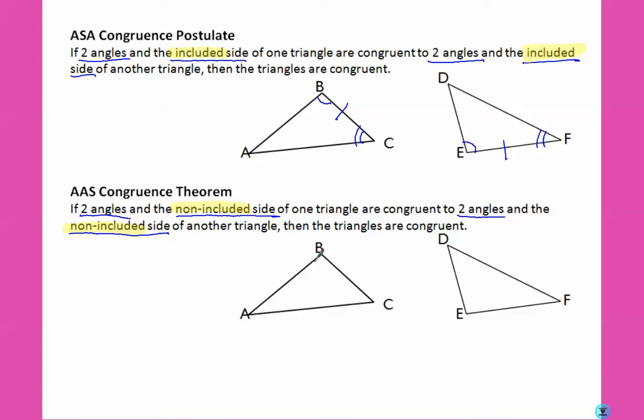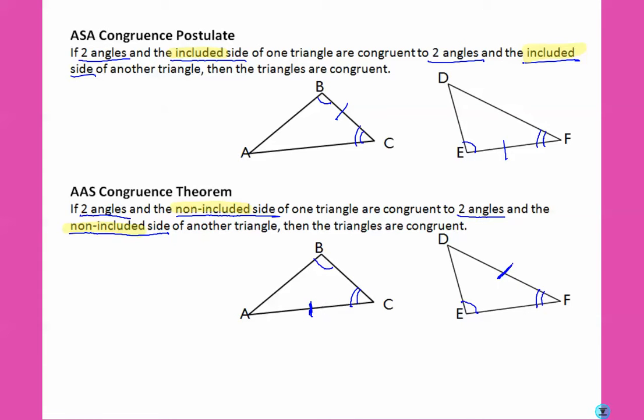So let's say, again, angle B is congruent to angle E and angle C is congruent to angle F. It would have to be the side AC and DF. Angle, angle, side.